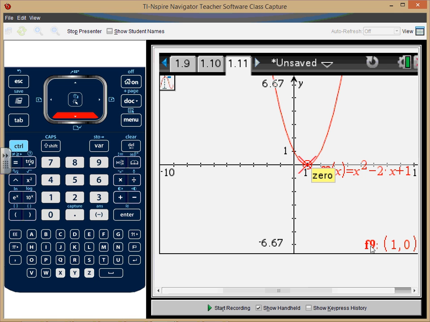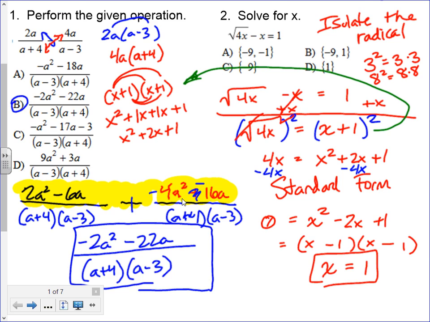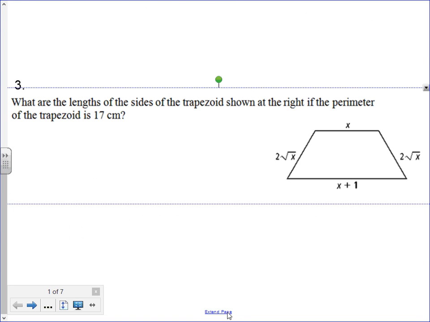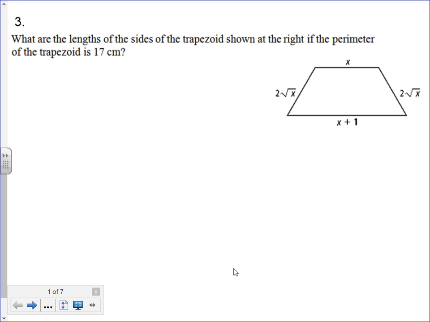Okay. Questions before we move on? Oh, you know what we have to look at, though, before we get into today's worksheet? From your homework, do you remember?